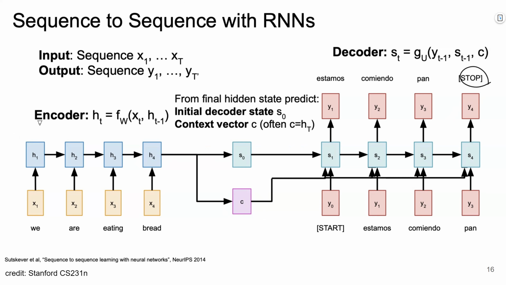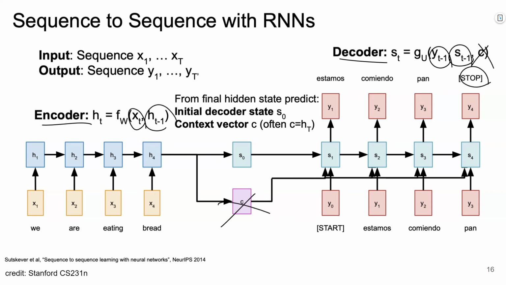And have a look at this. The encoder receives the time step input and the last hidden state. However, in the case of the decoder, we receive the last output and the last hidden state. And you can put context here or not. It's up to you. The very basic model does not contain context.